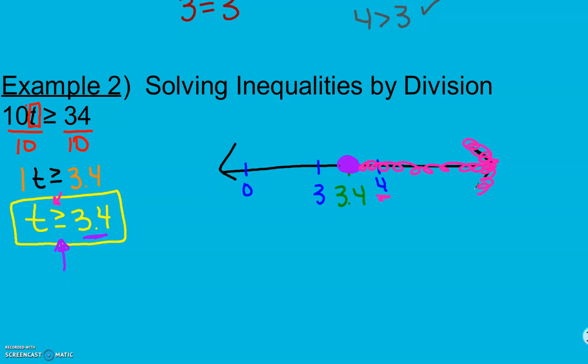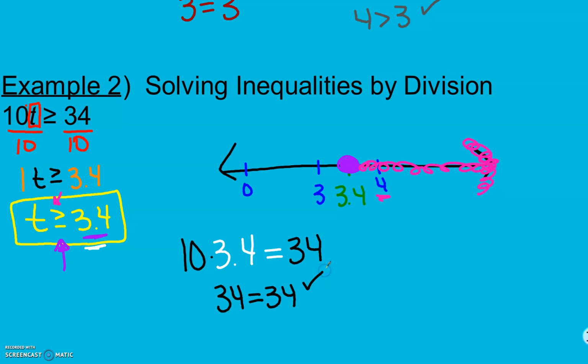Now, let's check. Two things we're going to check here. I'm going to check my boundary point first. I'm going to say 10 times what I got as a boundary point here, 3.4, should equal 34. And that'll tell me if I have the right boundary point. Here I get 34 equals 34. It checks.